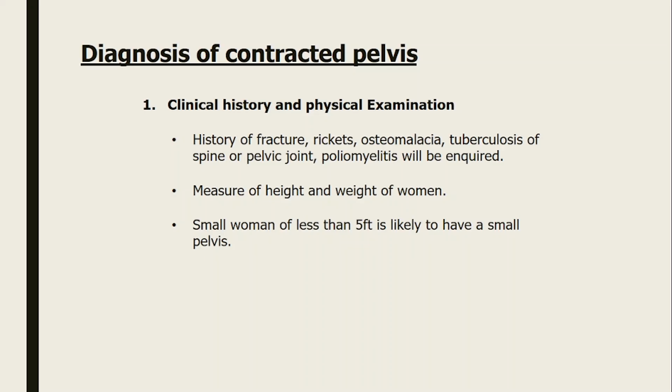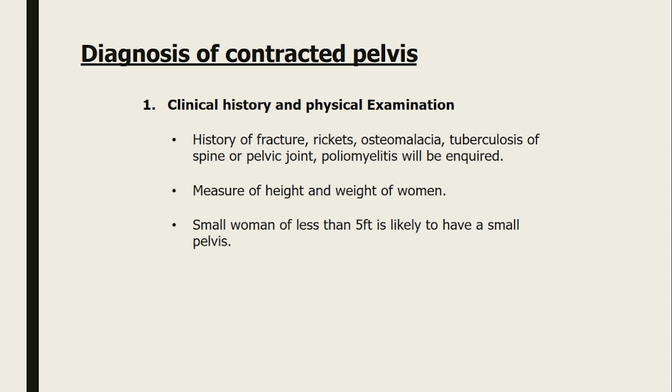How do you diagnose contracted pelvis? Usually, diagnosis starts from clinical history and physical examination. A previous history of fracture, either from infancy or childhood, may be a pointer to a contracted pelvis.